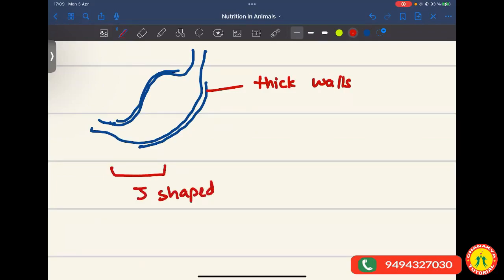And it is one of the widest parts of the alimentary canal because the alimentary canal is going like a tube like this, and only in the stomach part it becomes widened like this, right? So it is the widest part.